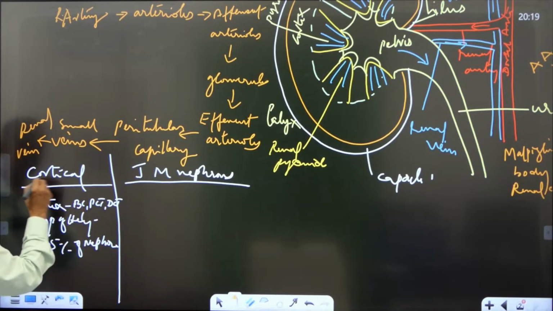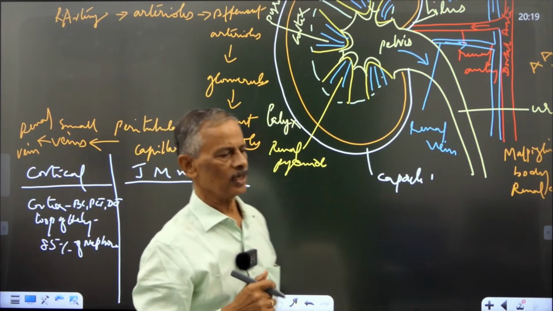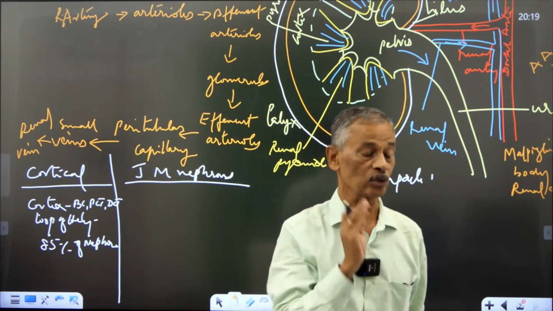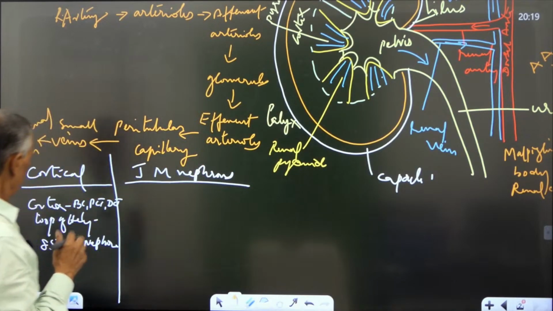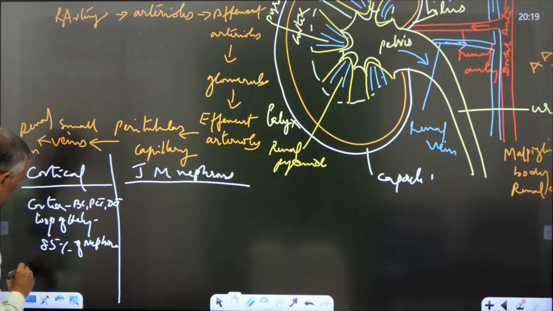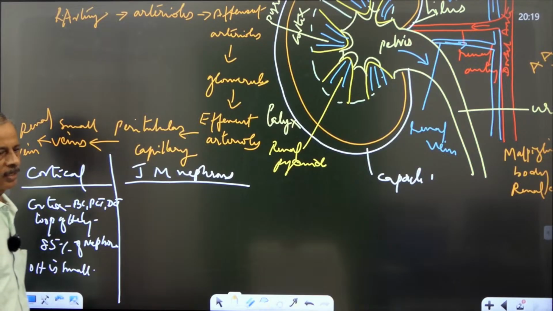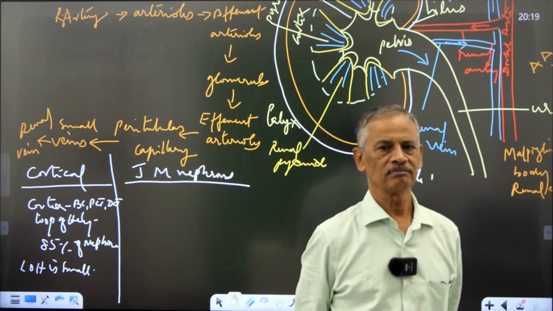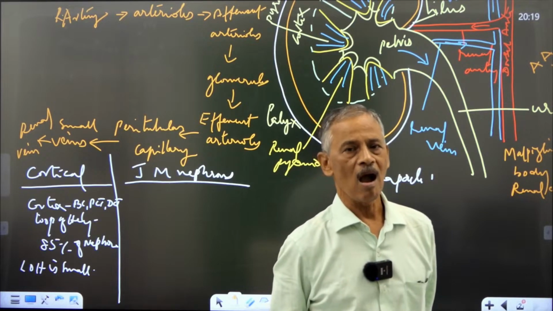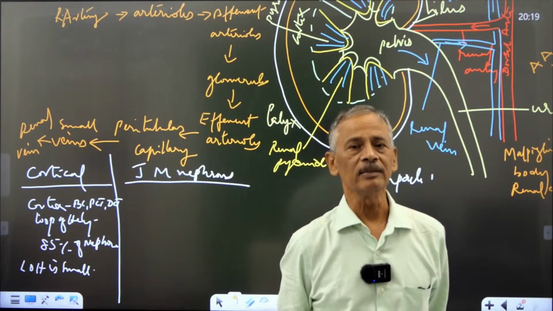Since they are lying mainly in the cortical region, they are called cortical nephrons. Here, the loop of Henle is small. It is not lengthy and is not going deep into the medulla. It is also mainly lying in the cortex.